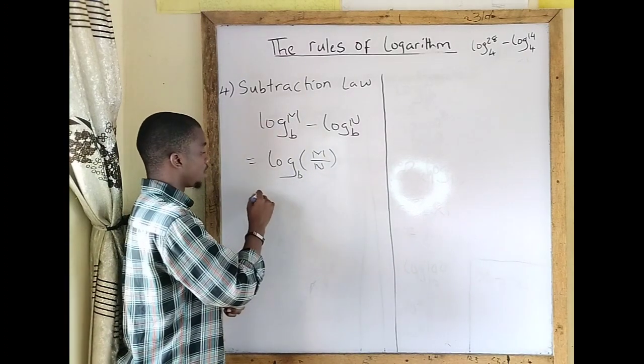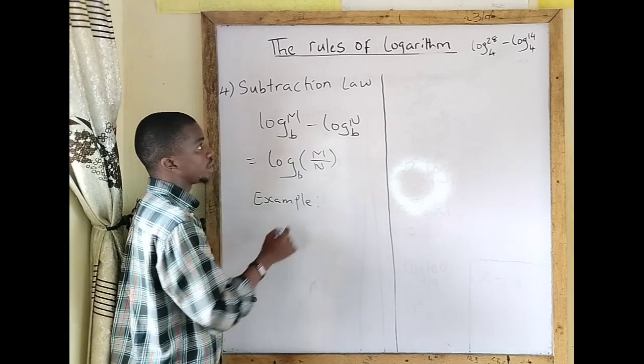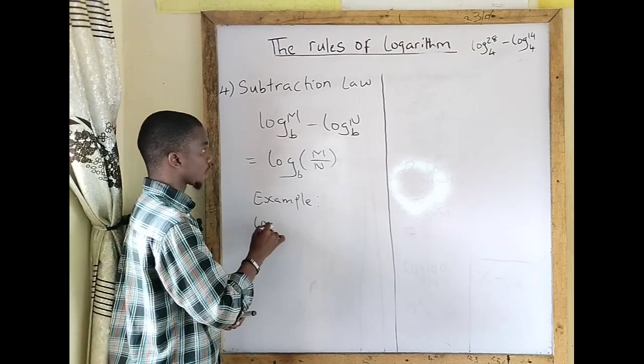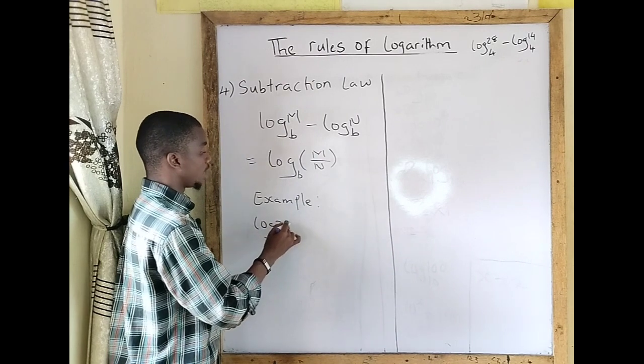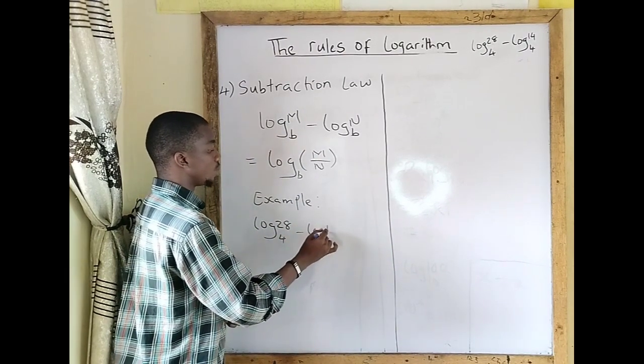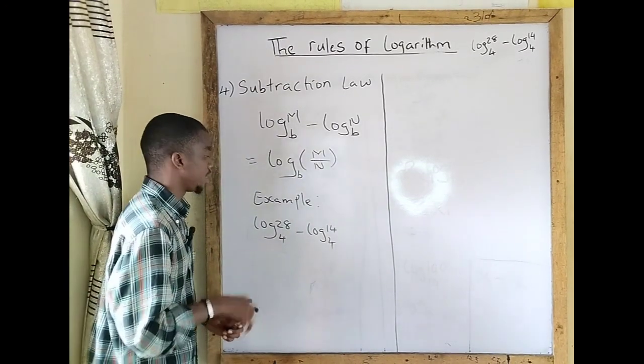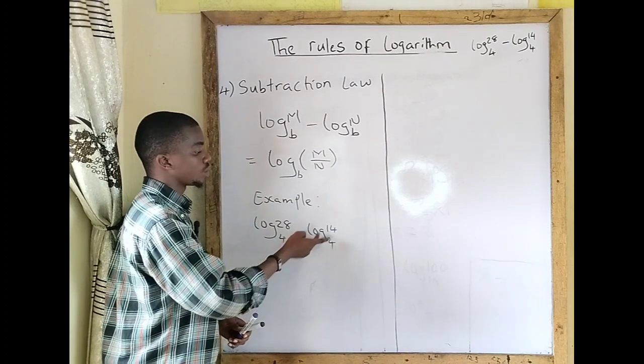Let's apply this rule solving an example. We have log 28 base 4 minus log 14 base 4.